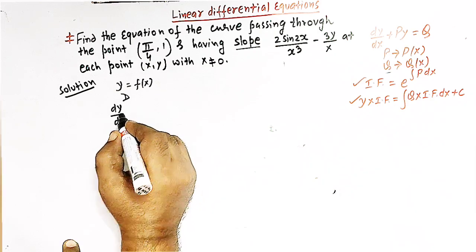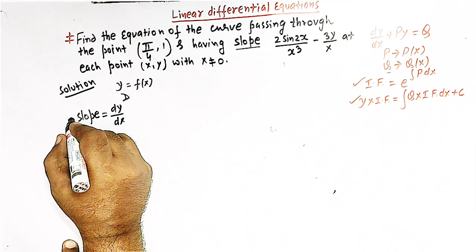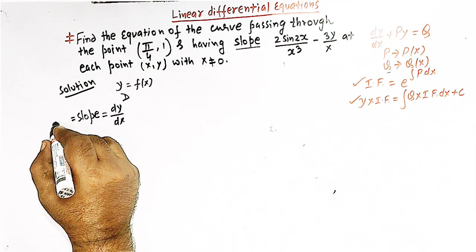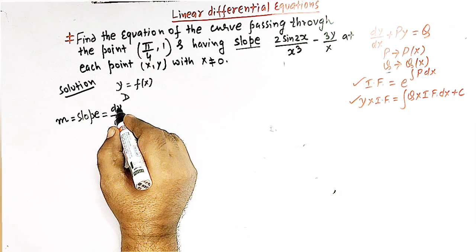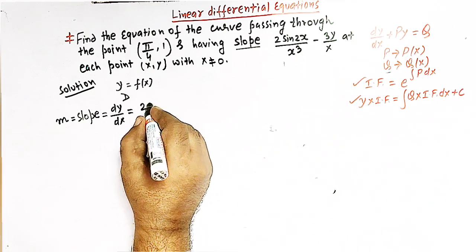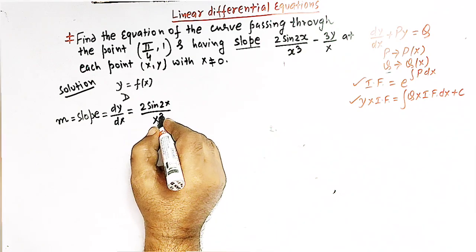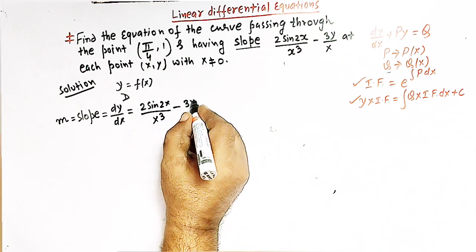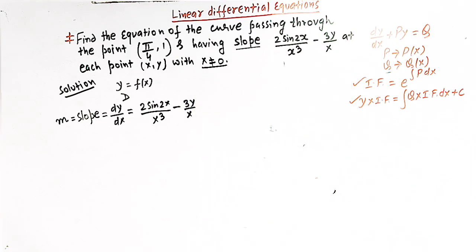So dy over dx is the slope of the tangent, which is sometimes also denoted by the letter small m, right? So dy over dx is given as this expression, that is 2 sine 2x divided by x cube minus 3y over x, and obviously here x is not equal to 0.